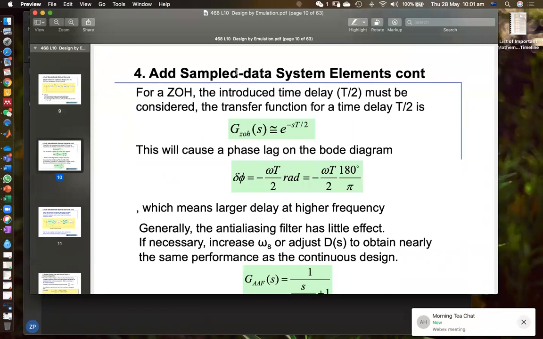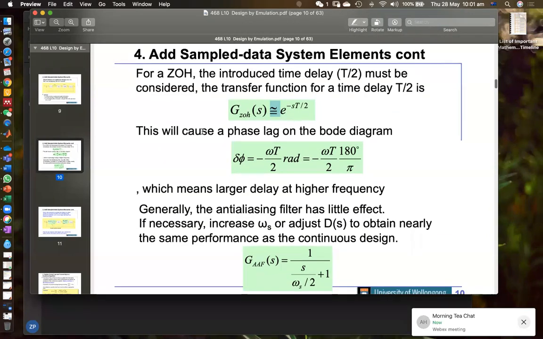Okay, so we have to look at how much impact a zero order hold has on the continuous time system. This is almost equal, so it's an estimation, not an exact number. You will be off by like 1 degree, half a degree, or something like that, depending on the sampling period. If you have a higher sampling time, this error will be smaller. But roughly, you get very close.